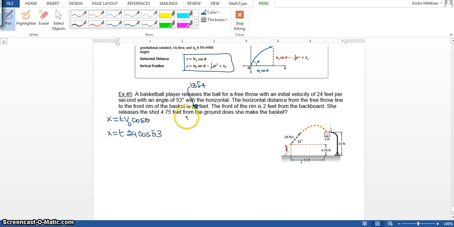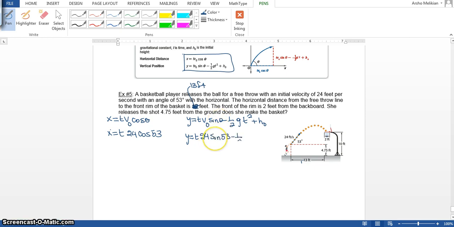Now, y has an equation that looks like this: t times v initial sine of theta, minus half g, where g is acceleration due to gravity, times t squared, plus initial height, h naught. y is equal to t, initial velocity is 24. Basically, I'm given the equation, and I'm just putting in the given values. Sine of 53.